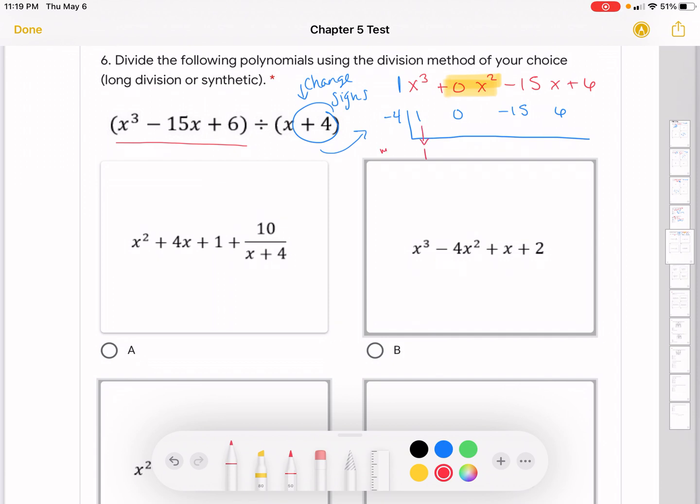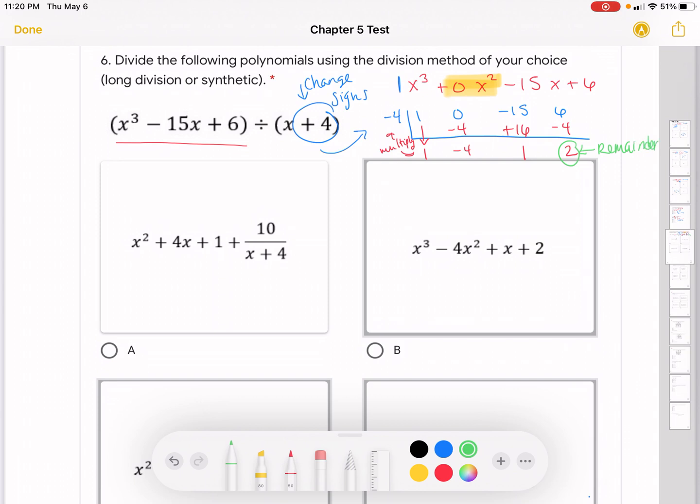Anything we get here, we're going to multiply by the negative 4. So 1 times negative 4 is negative 4. And now we combine. 0 minus 4 is negative 4, then we repeat. Negative 4 times negative 4 is positive 16. Negative 15 plus 16 is 1. 1 times negative 4 is negative 4. And 6 minus 4 is 2. Remember, this final number here is our remainder.